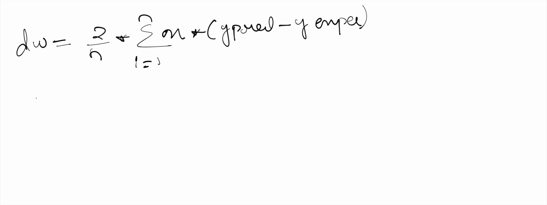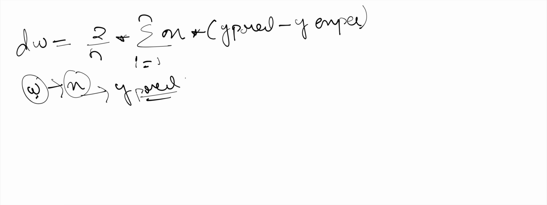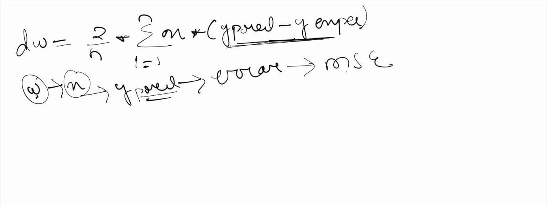If you know the chain rule, first we assume a weight W, we apply it on our input X, and we get our Y prediction value. Then we calculate the difference, which is the error. After calculating the error, we calculate the mean square error.